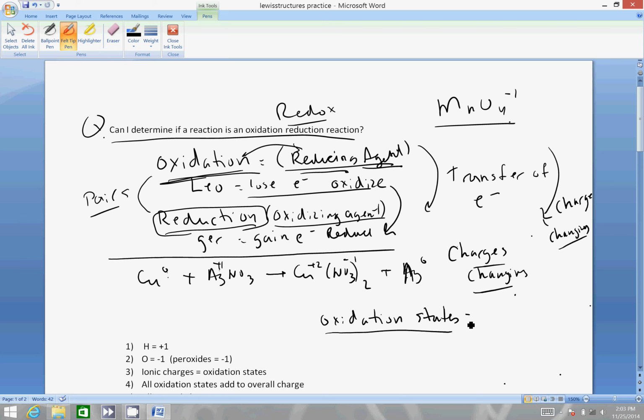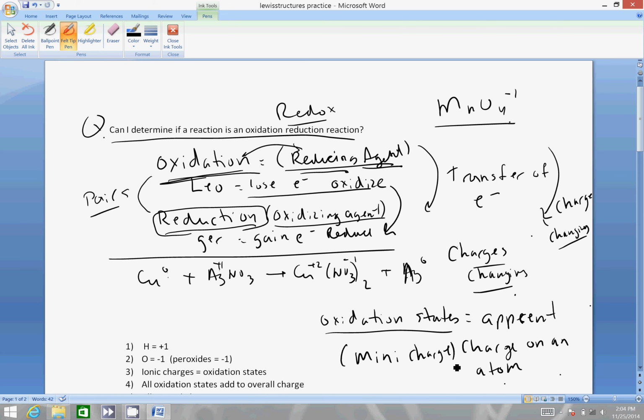The definition for oxidation state is the apparent charge on an atom. Sometimes I call them mini charges.